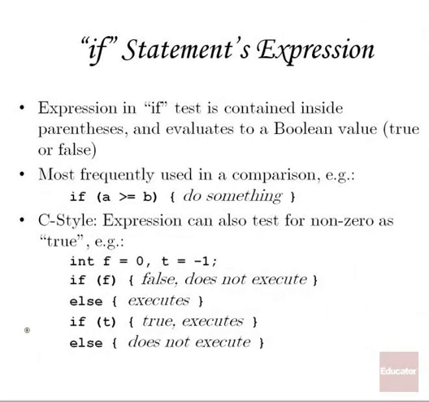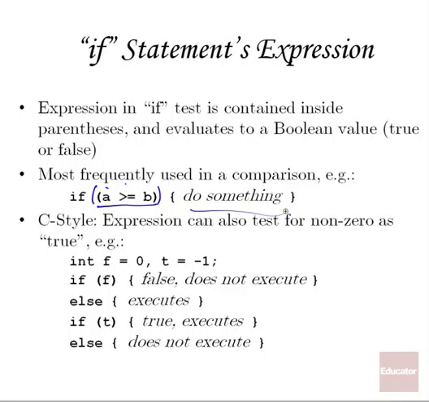Now, a little something about the expression in the if that is tested. It is a Boolean expression. It has to come up to a Boolean value. It has to be evaluated to true, or it has to be evaluated to false. The language requires that you put it in parentheses. You can put in extra parentheses if you want. It doesn't matter, but you need at least the one set of parentheses. Most frequently it's used in making a comparison. You won't see very many complicated Boolean expressions in here. Sometimes you do, but usually it's just like, if A is greater than or equal to B, then we go do something.